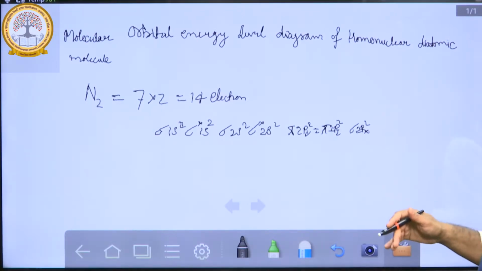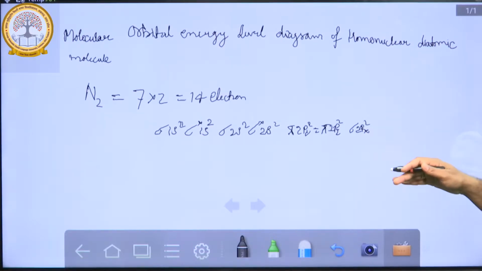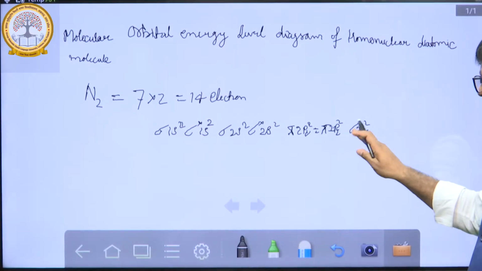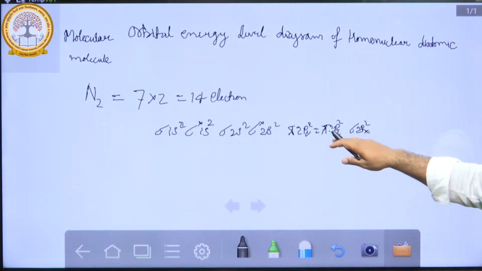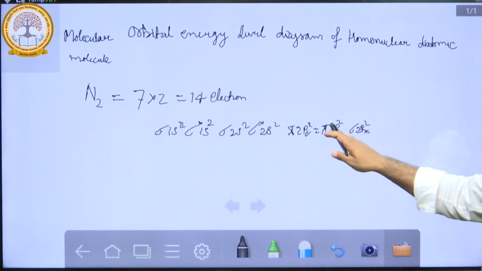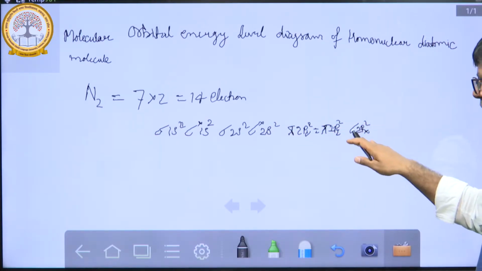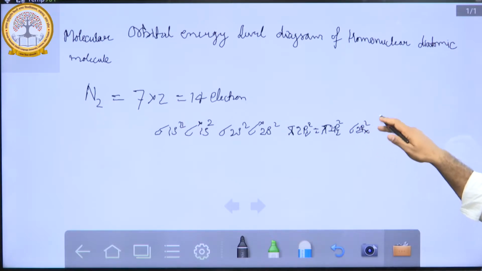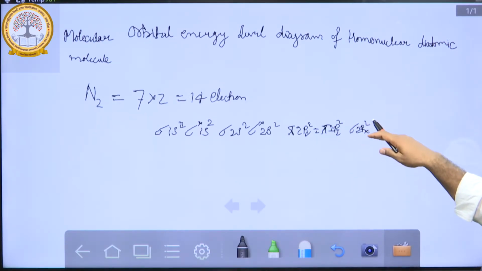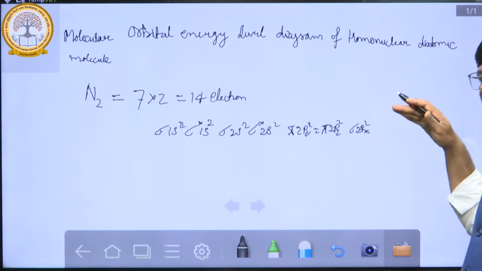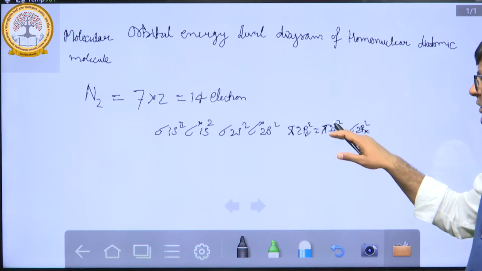Next, in case of a 14 electron system, the sigma 2px comes after pi 2py and pi 2pz, because the energy of sigma 2px is higher than the pi 2py and pi 2pz.